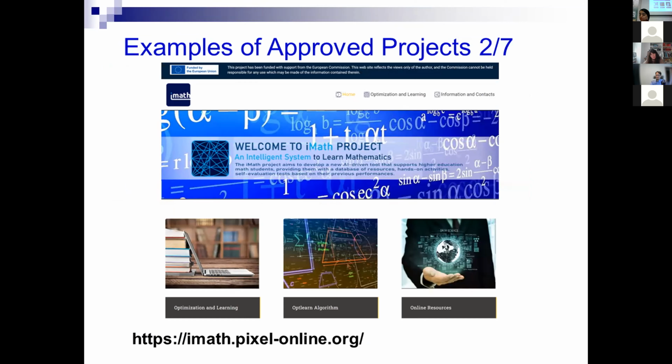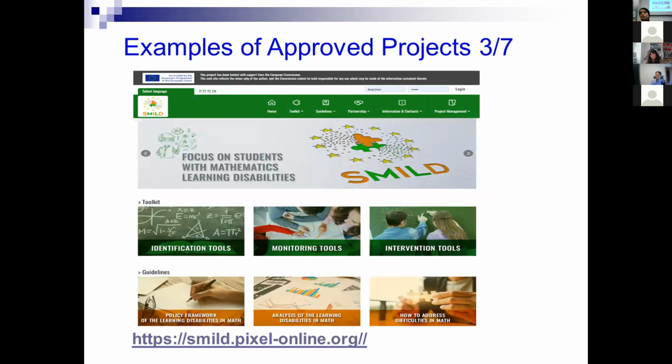A second example, the IMAP project. In this case, we're still speaking of mathematics, and the aim is to promote the use of virtual reality in the acquisition of mathematical concepts at university level. A third example, also dealing with mathematics, totally by chance, because the topics can be all kinds of topics, but these are our current projects funded by this program.